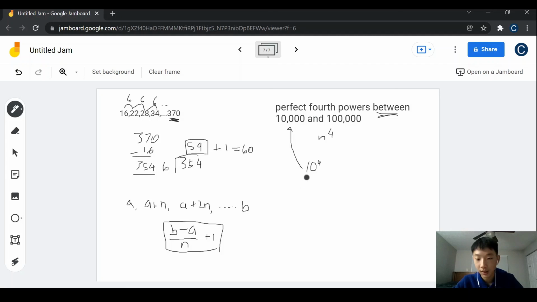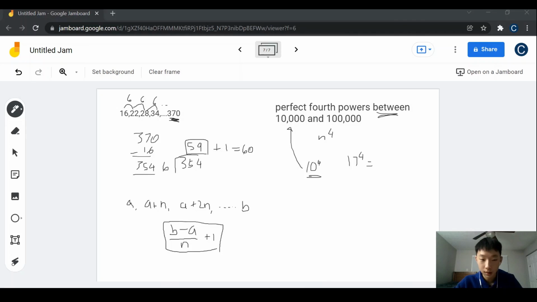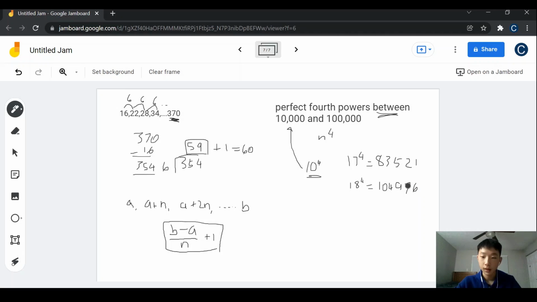So we know that 10 to the fourth is going to be the smallest number that's in the range, and by some experimentation, or guess and check, we can find that 17 to the fourth power is 83,521, and 18 to the fourth power is 104,976.